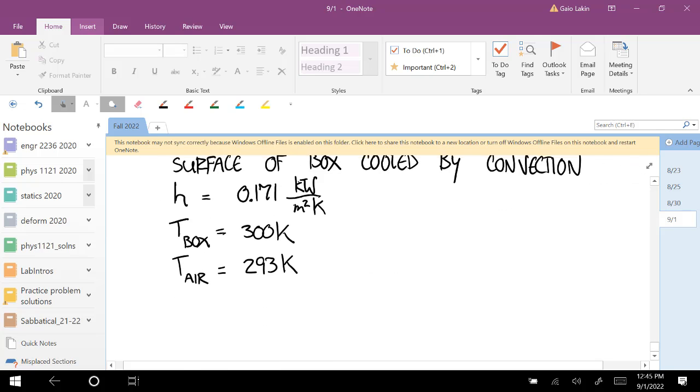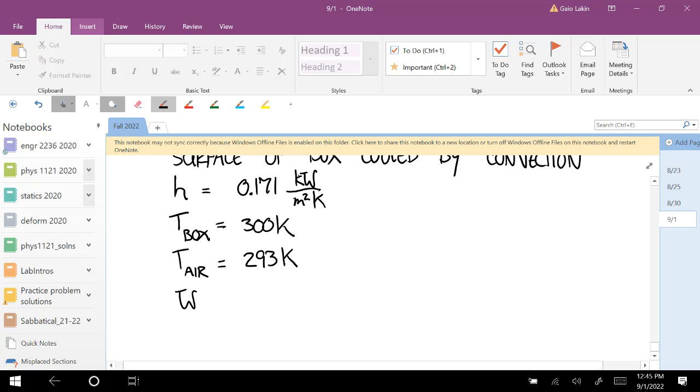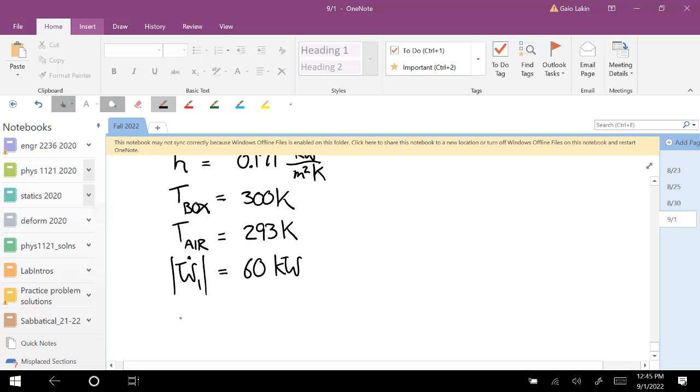And the last thing we know is that the absolute value of the rate of work coming in, so W1 dot absolute value, is 60 kilowatts. So first, we want to calculate the rate of heat transfer through convection.